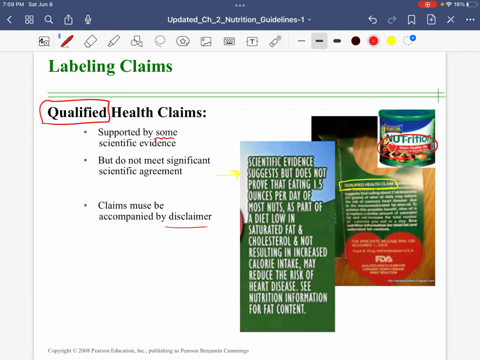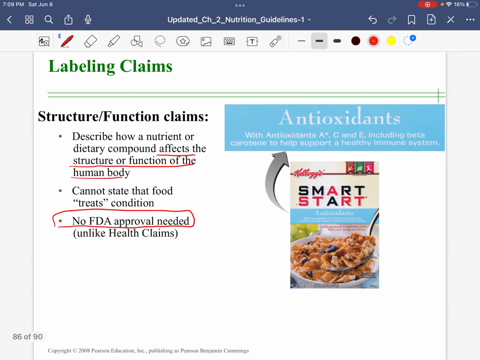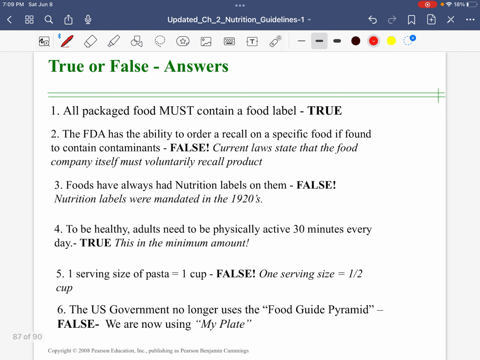These are only things you can say as a health claim that at least have some scientific evidence backing it. But there's a workaround, and if you're not careful, you don't realize it. A structure function claim: oh look, this has antioxidants. It supports a healthy immune system. Doesn't say it can cure or treat or lower. So they can get away with it, and there's no FDA approval. So we really have no idea whether that's true or not. Make sure you know all those.